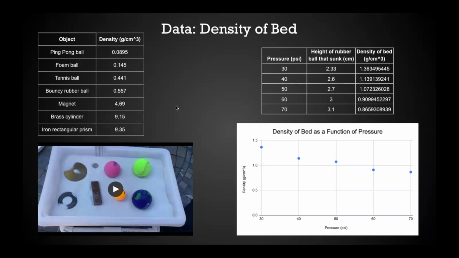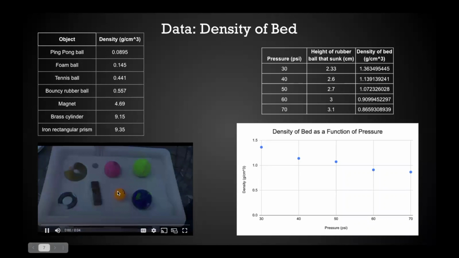As you see here in the table on the left, we have the densities of all the objects we tested. As Yair mentioned, the pink rubber ball was the one that was partially submerged when the bed was fluidized. So we used its density, multiplied by the fraction of the volume that was sunk.